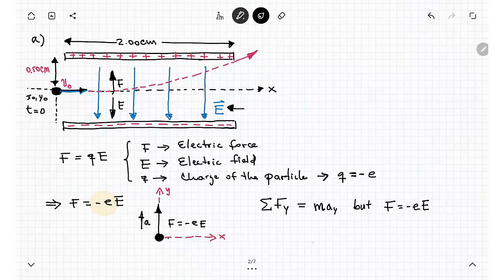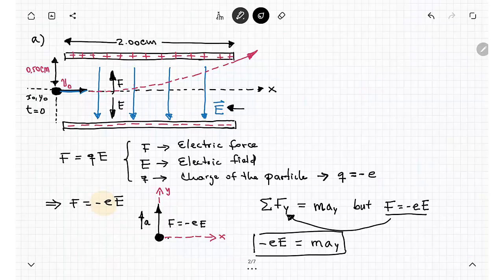Then we can replace this expression into this equation, and I will have minus e multiplying the electric field equal to the mass of the particle multiplying its acceleration. Let's have this equation written right here, and I will call it equation number 1.